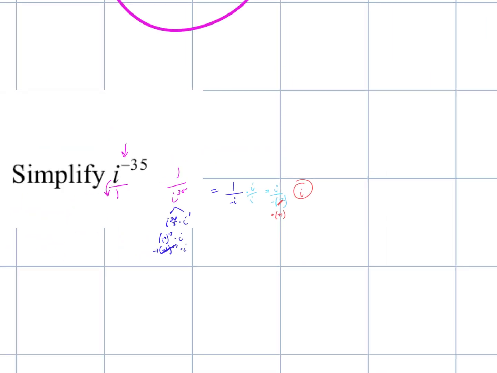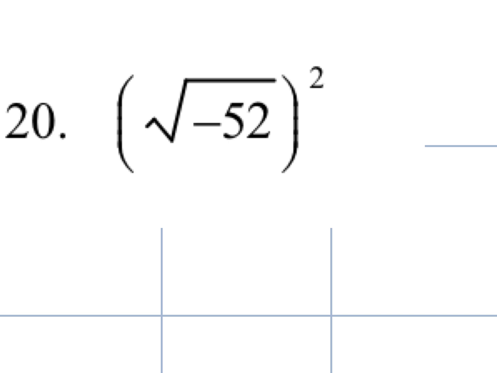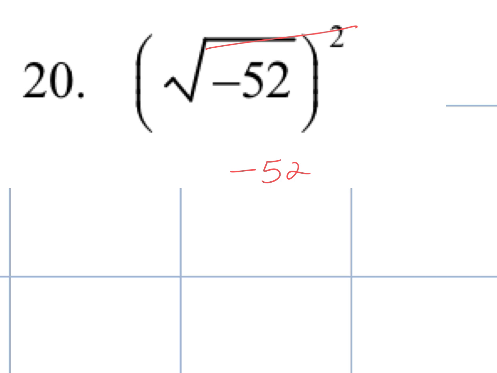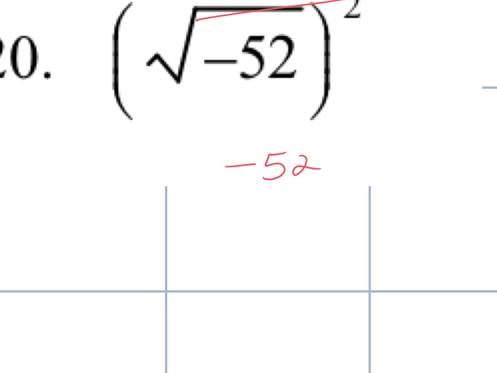And then the last question on this review is we're going to take the square root of negative 52 and square it. So guys, when you square a square root, this is just going to become negative 52. But what I want you to see, what you have here is the square root of negative 52 times the square root of negative 52, right?